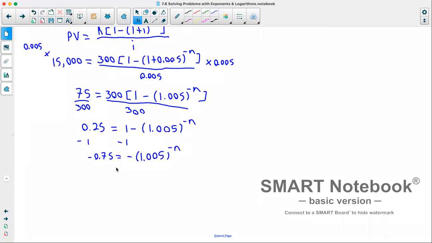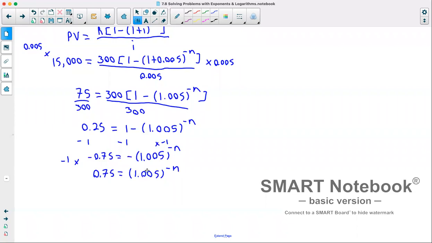Now, before changing to logarithms, we probably want to get rid of these negatives in front, so we'd multiply both sides by -1. So that makes us positive 0.75 is equal to 1.005 to the negative n. Now we'll change this into a logarithm.